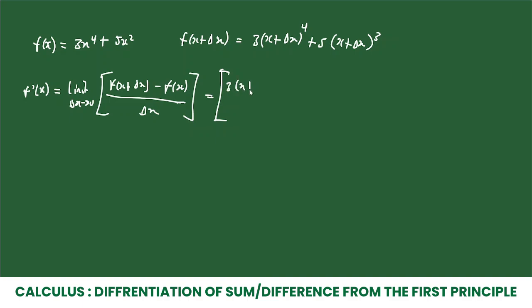3 into bracket s plus change in x to the power 4 plus 5 s plus change in x to the power 3, right? So it's squared, so to the power 2 from the question. So there's a mistake here.